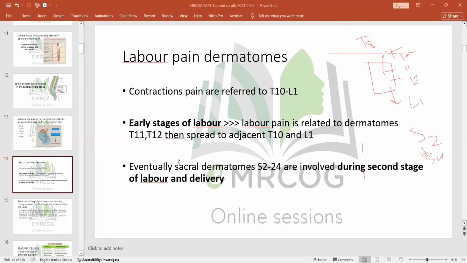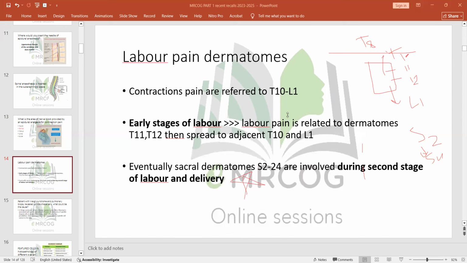And by the way, I think, if I'm not wrong, that this appeared in the exam before. The pain is going to be referred to which dermatome during the second stage. And a very old recall was which dermatome is going to receive the labor pain during labor in general.